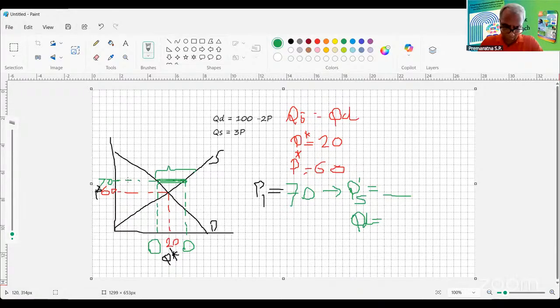The market has more goods and less movement, so there is a gap within the market. It creates a situation where suppliers tend to reduce the supply.